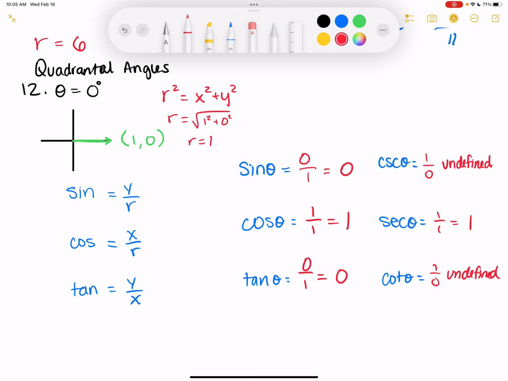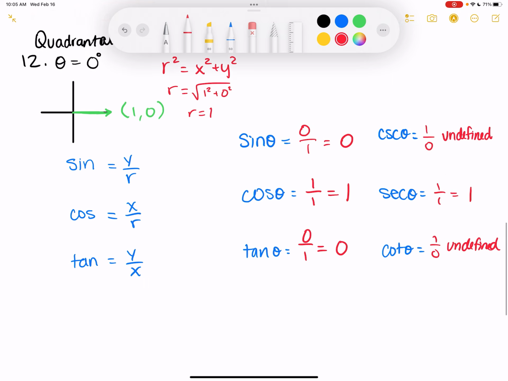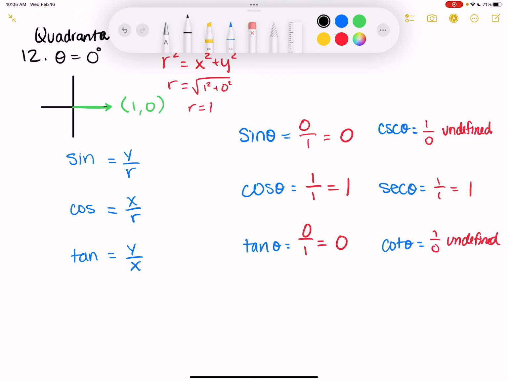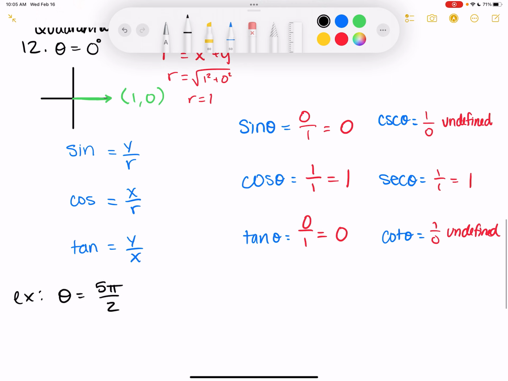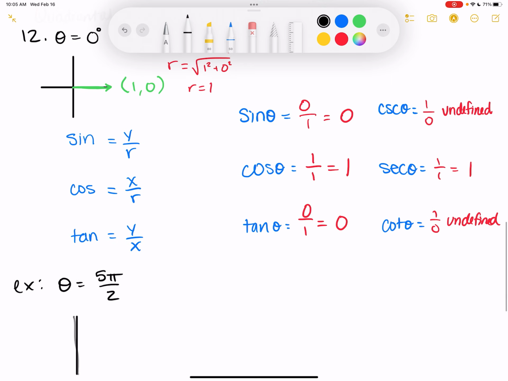I'm going to do one more example here in radians for you. That's not one that's listed in your book. Theta is 5 pi over 2. Now, do we know where 5 pi over 2 is on the unit circle itself? You have to go all the way around.